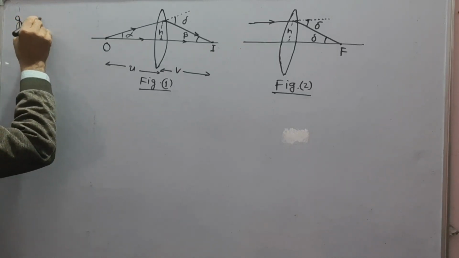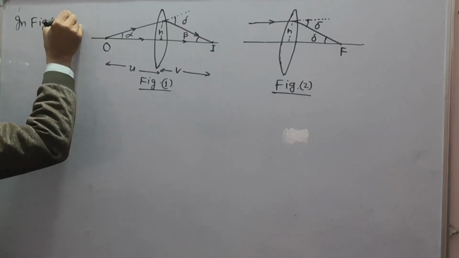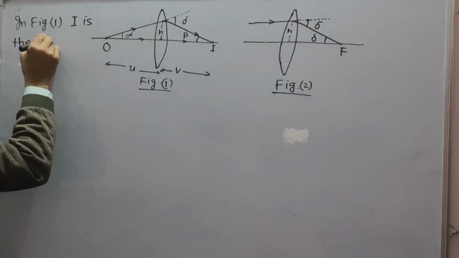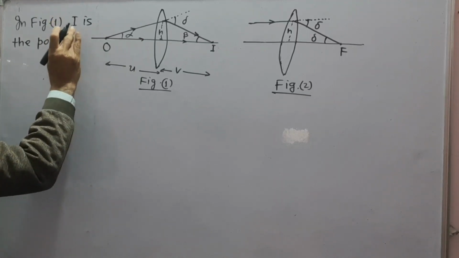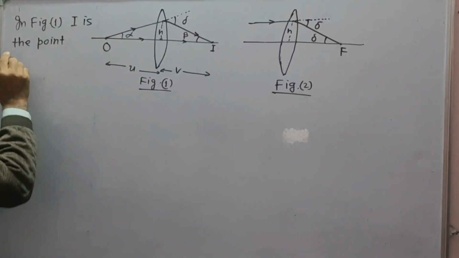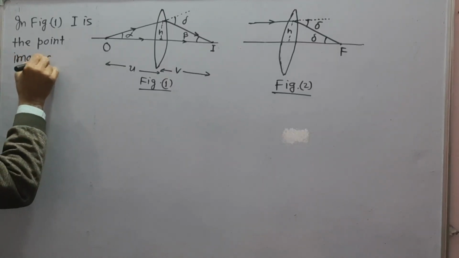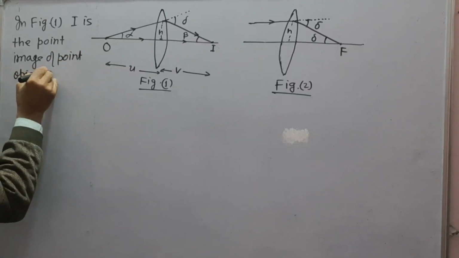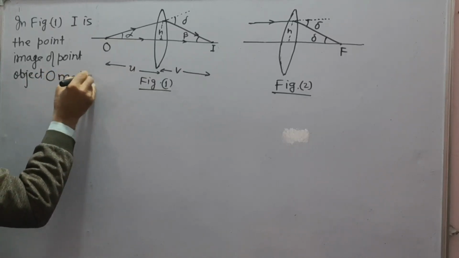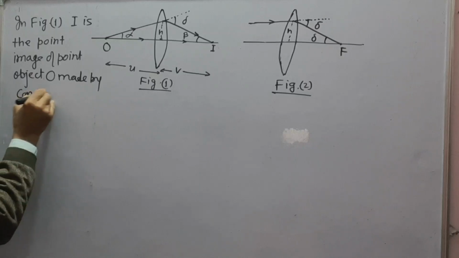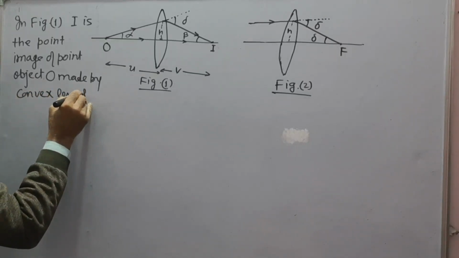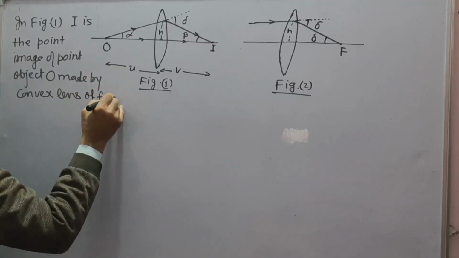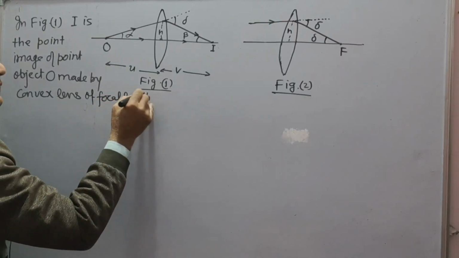In figure 1, I is the point image of point object O made by convex lens of focal length f.